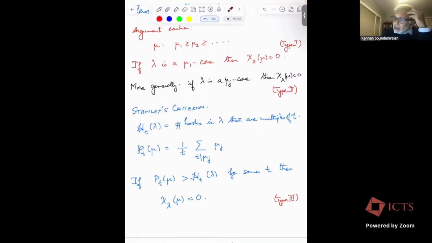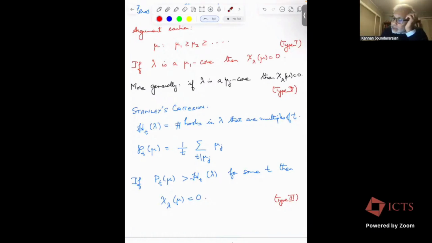And on the other hand, in mu, you look at all the parts that are multiples of t, add them up, and divide that answer by t. So t times this p sub t is the sum of all the parts that are multiples of t. If this quantity in mu is larger than the number of hooks that are multiples of t in lambda, then the character value can be guaranteed to be 0.